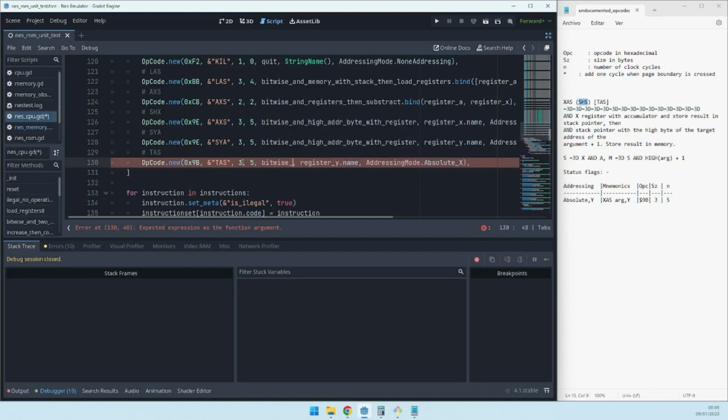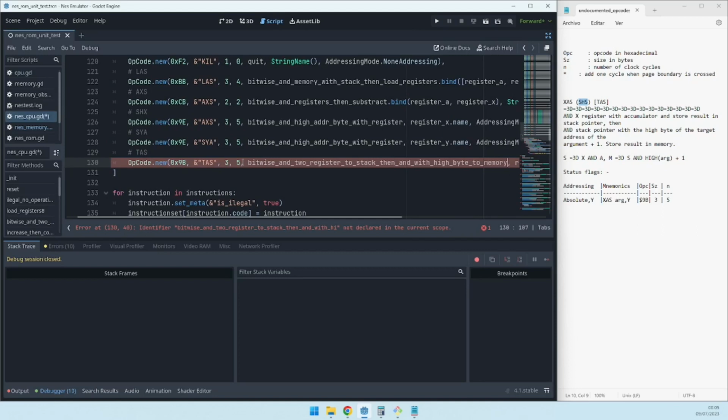Bitwise AND to register, to tag, then AND with high byte, to memory. What the hell is this function name?